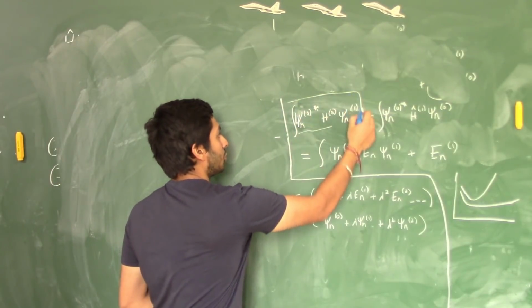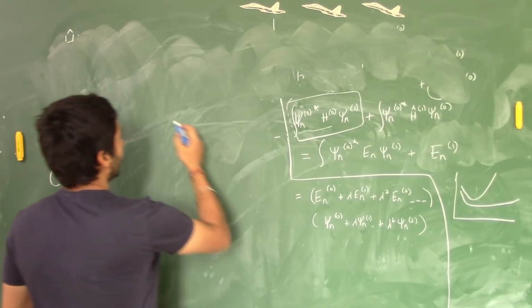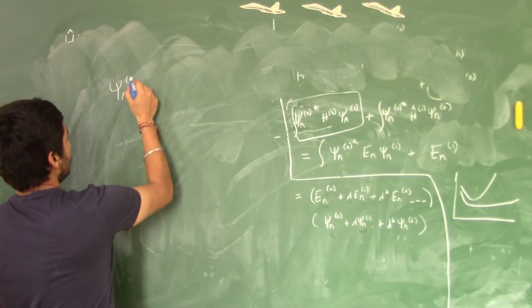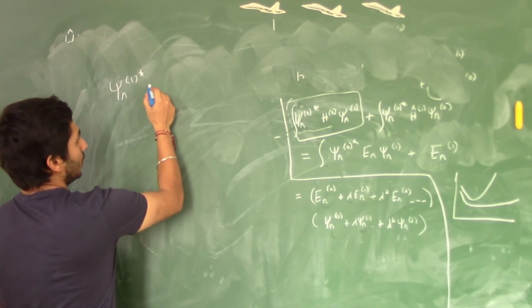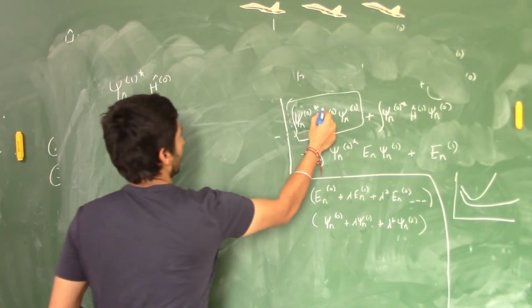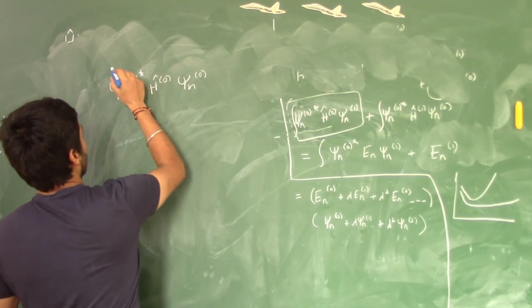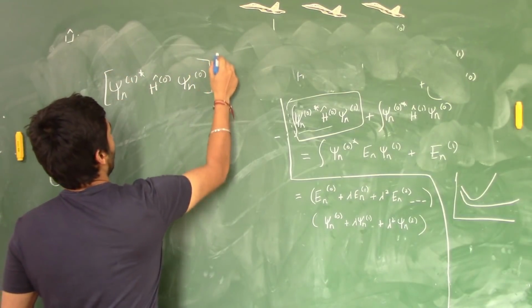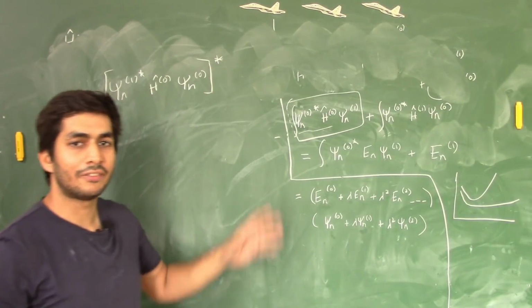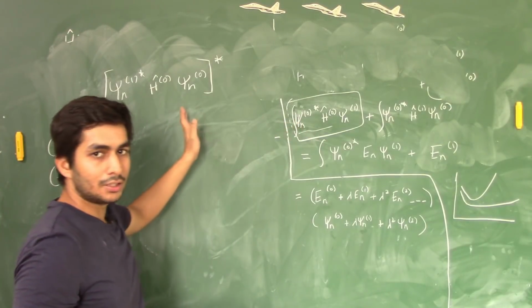If this is a Hermitian operator, you can write this term as ψn¹* H⁰ into ψn⁰ whole star. This is the property of a Hermitian operator. If you are not aware of that, you can watch any of my videos on Hermitian operators. This is a very basic property, that you can write the Hermitian operator in this format.